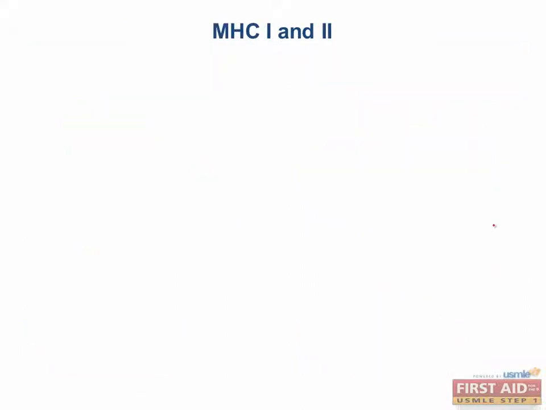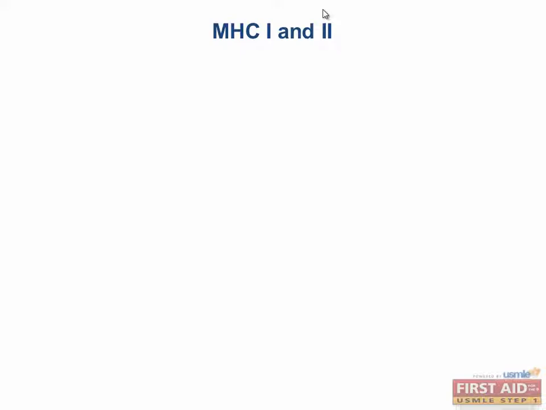All right, now it's time to talk about how cells grab onto antigens and process them and then present them to other cells so that they can stimulate the other cells. So, they do this through MHC receptors, okay? MHC stands for Major Histocompatibility Complex, and there are two main types.